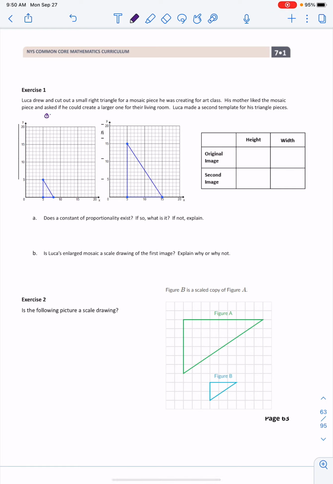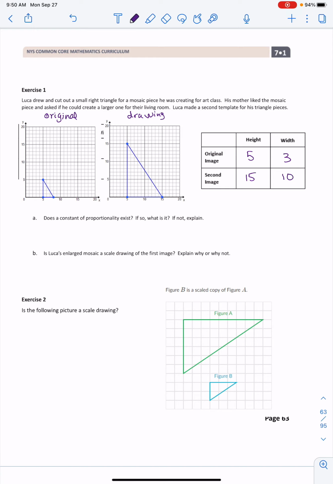Here's the drawing. So we have the original: the height is 5, the width is 3. On the second one, our height is 15, and our length is 10.